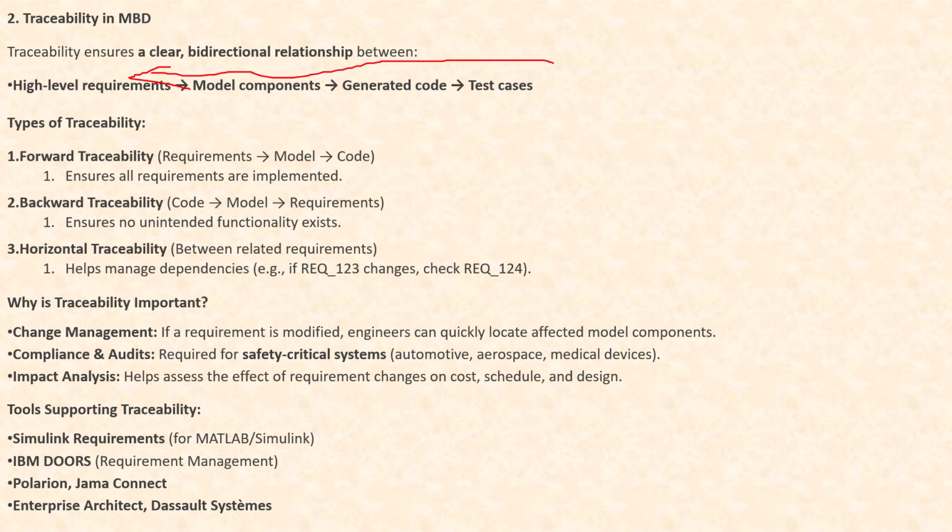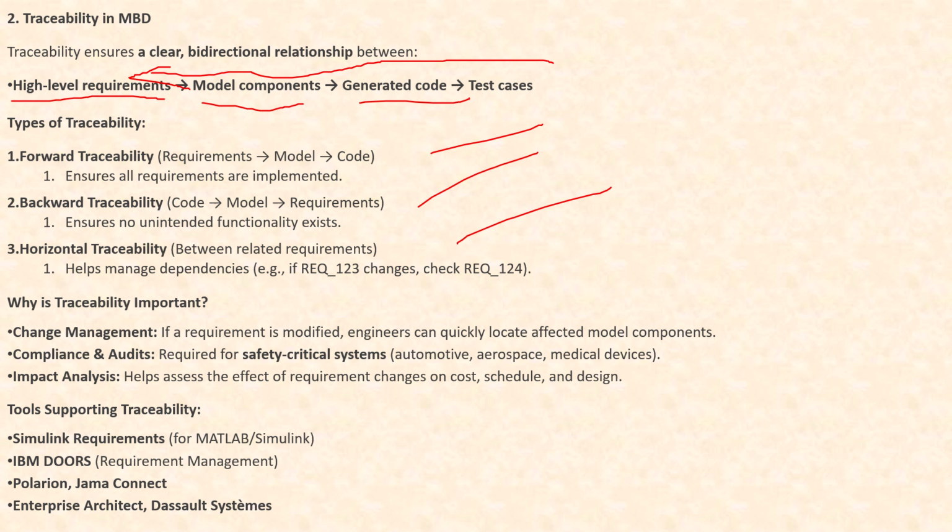Where exactly is the problem, in the model component or the generated code or the requirement, it can be clearly traced back, and that is the purpose of traceability. Forward traceability, backward traceability, all these things are extremely important. And these are the types of traceability: forward traceability, backward traceability, horizontal traceability. All these things are very important.